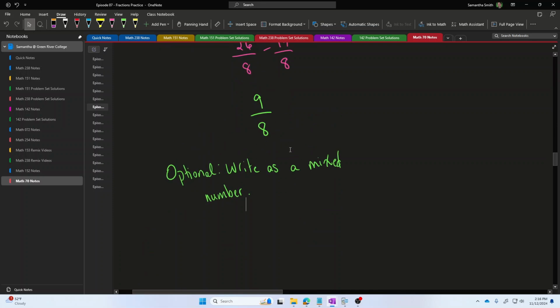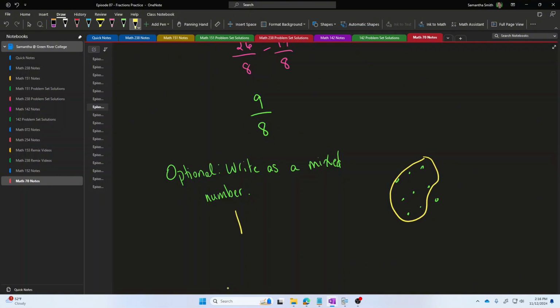Well, 8 goes into 9 one time fully. If I had a pile of 9 objects, then I would be able to divide 8 into that evenly once. But that would leave one object left over, which could not be divided by 8. So I would have 1 1/8, as an optional way to write my final answer here as a mixed number instead.